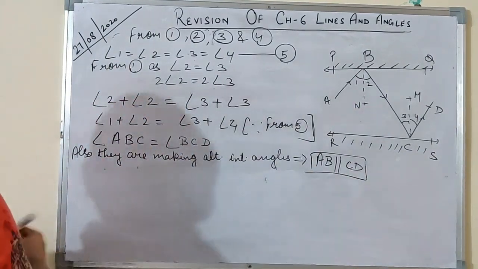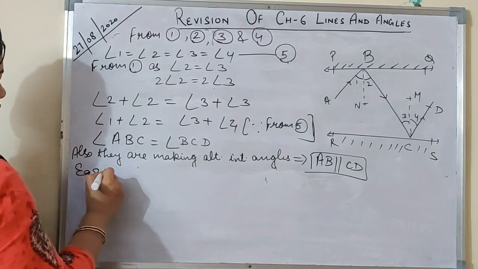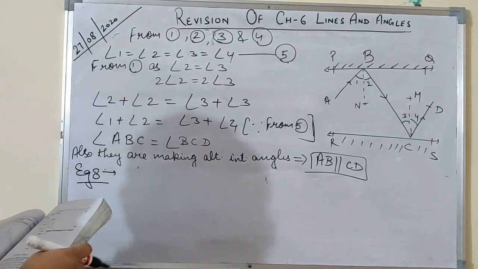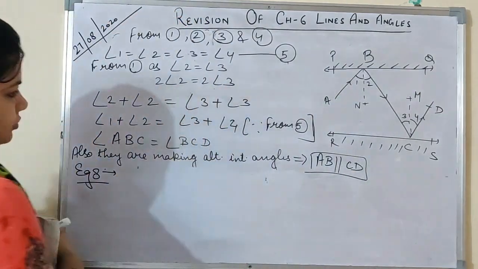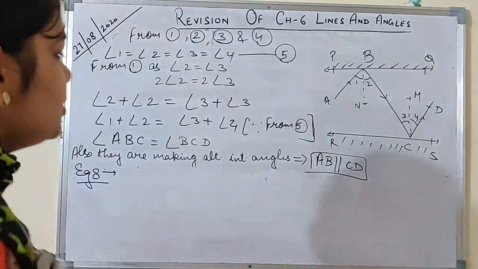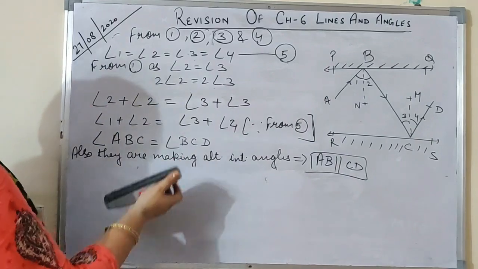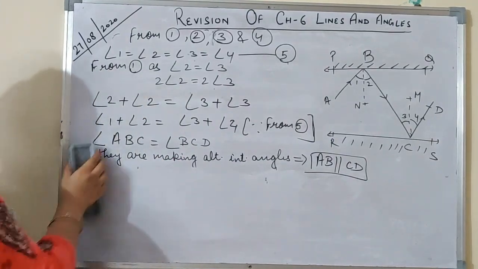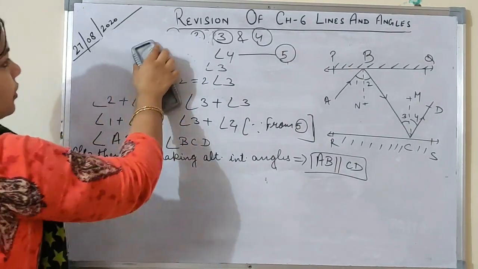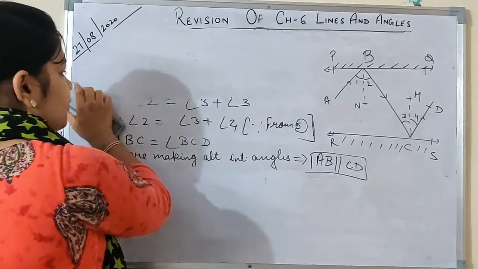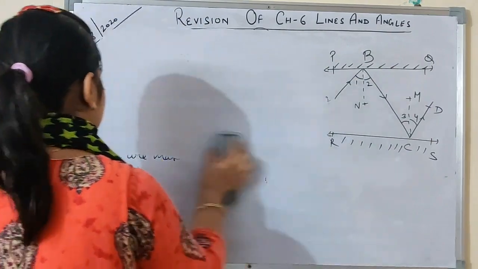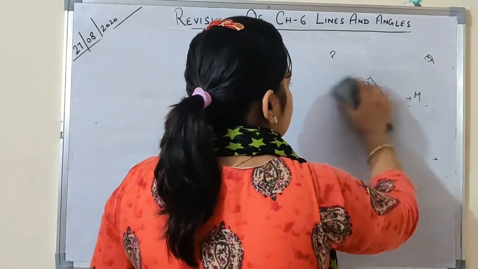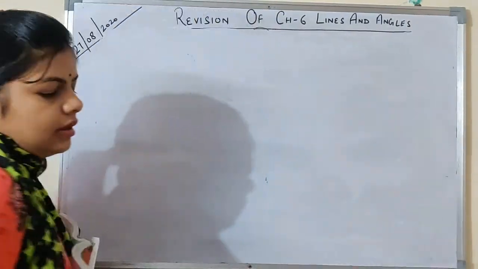That is example number 8 of NCERT we are talking about. Please listen to it carefully. In this question again, I need the full board, so I am just erasing this question. I hope you are all writing it, and if you have any doubt, ask side by side. Okay.